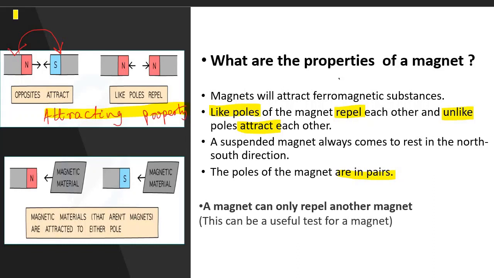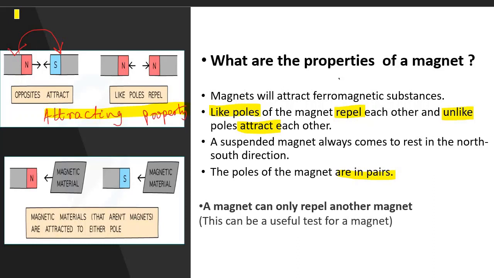Now, if we take a magnet which, if suspended freely, always comes to rest in the north-south direction, pointing towards the North Pole star, then it is called the directive property of a magnet. So this is called the directive property.